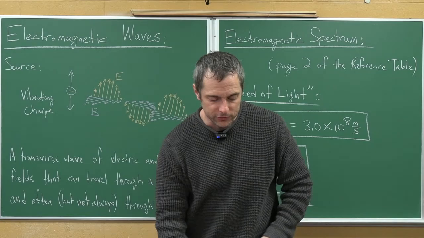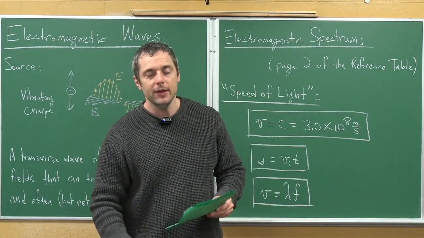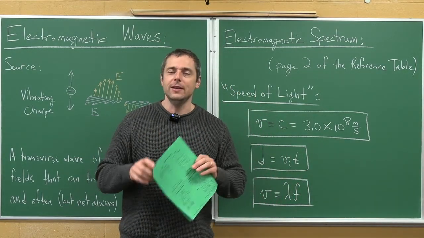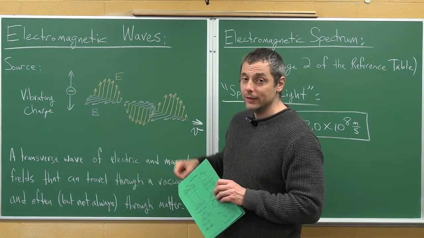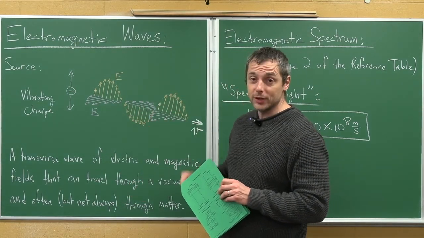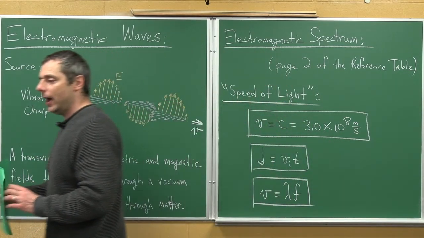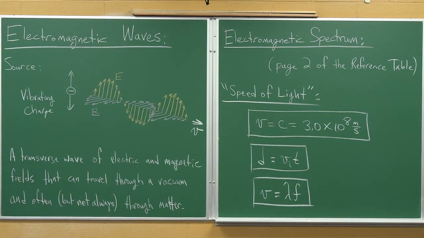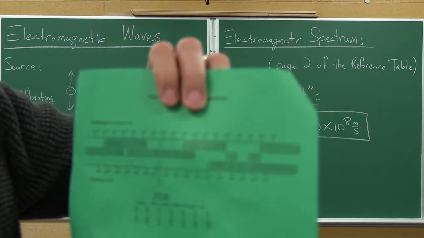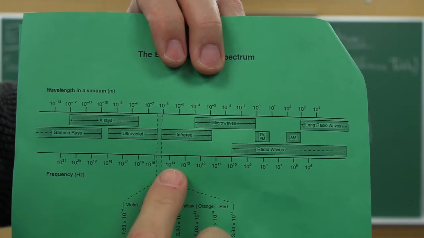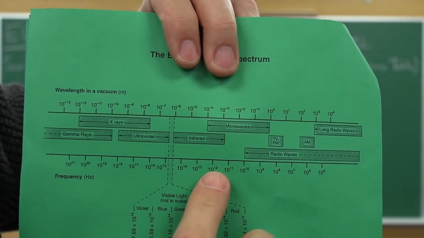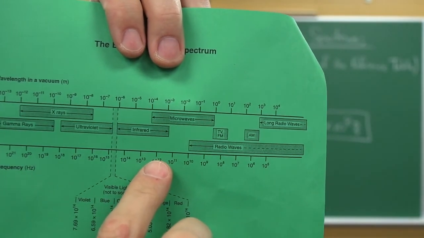Why is that the case? Well, it turns out that light is within the electromagnetic spectrum. In other words, light is nothing more than vibrating electric and magnetic fields. If those fields vibrate down here, in this range, at 10 to the 14, 10 to the 13, 10 to the 12, those waves are invisible to the human eye.